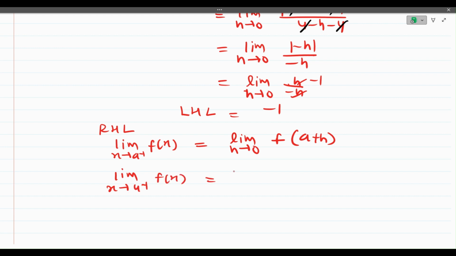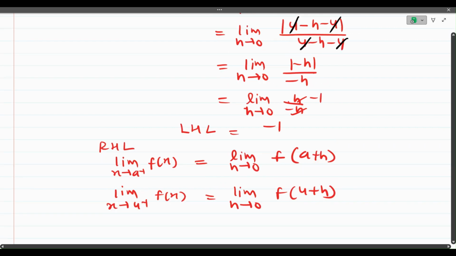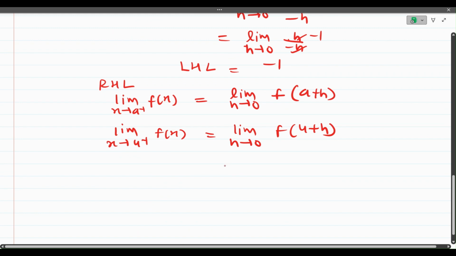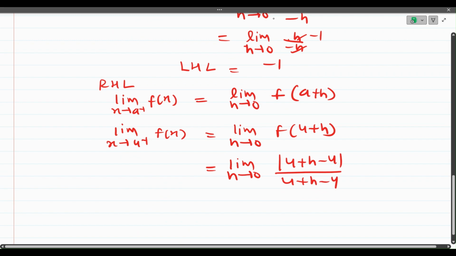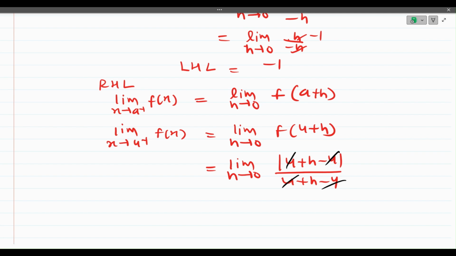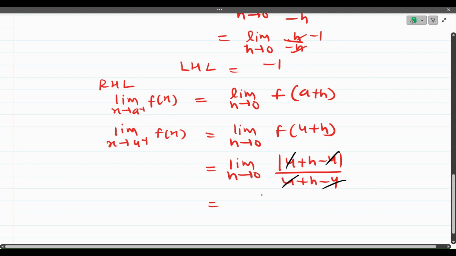So we're going to write limit h tends to 0 of f of 4 plus h. Again, h is an infinitely small positive real number. So it's going to be limit h tends to 0, absolute value of 4 plus h minus 4 over 4 plus h minus 4. Here we can cancel out 4, and both h will be positive and it's going to be positive 1.